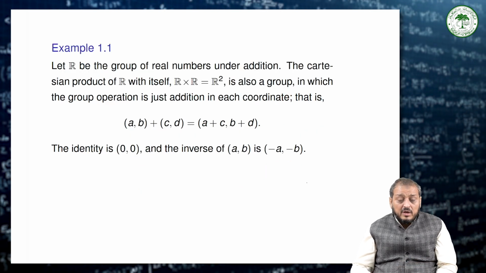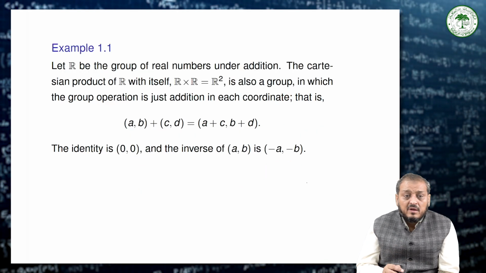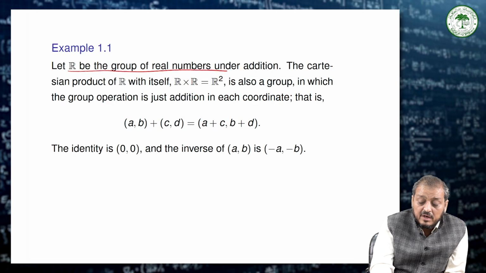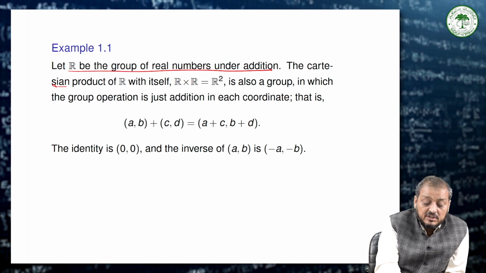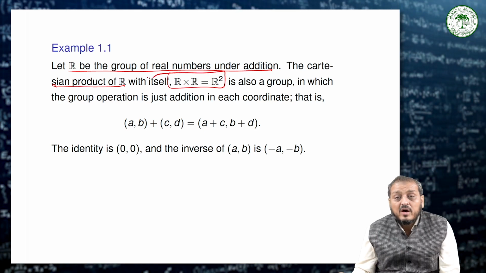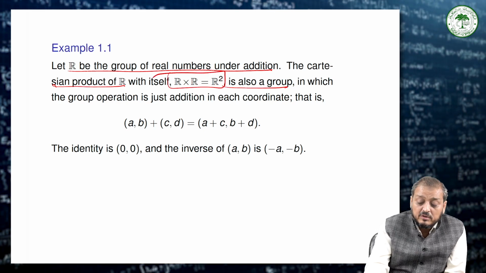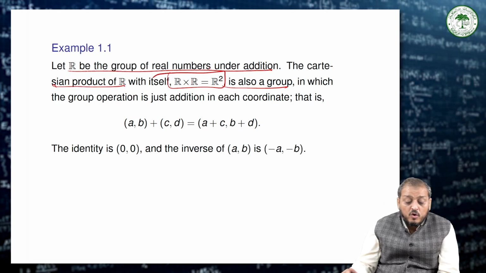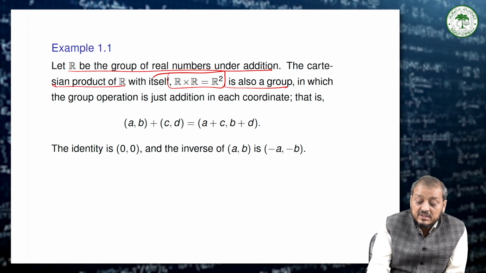Okay, so I start with a very simple example. Let R be the group of real numbers under addition. The Cartesian product of R with itself, meaning R2, which is R square, is a group. You can see that R2 is a group because we are working under addition.